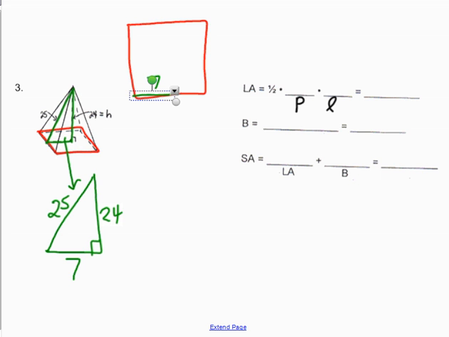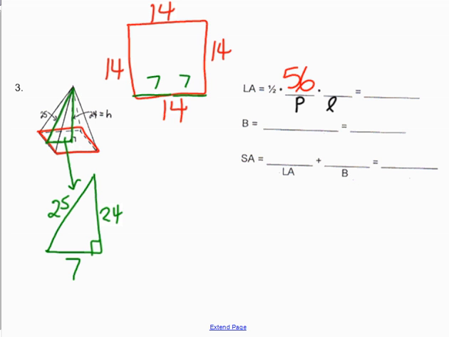Well, I'm going to take this and move it down. And then I notice that it's half of that side. I could put another one over here. So the whole side is 14. So now I can figure out the perimeter of that square base, and that is 56.